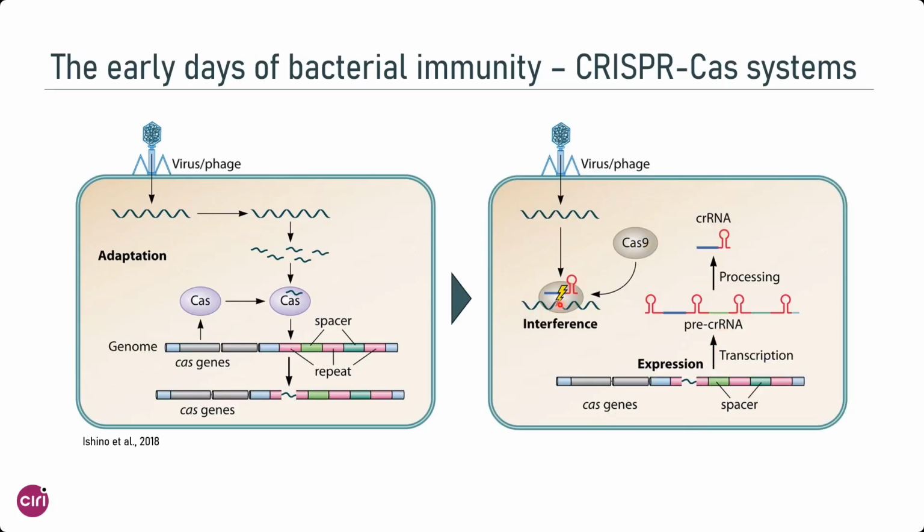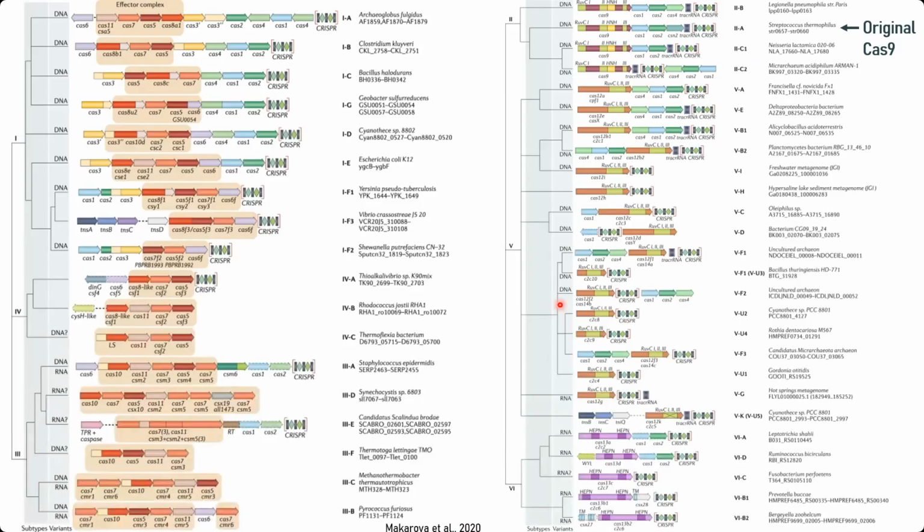And so you all know about the Cas9 nuclease, but actually it's only a small part of the huge diversity of CRISPR systems. Many types and subtypes of CRISPR systems exist. Typically there are two classes. In class 1 you have multiple protein components that together form an interference complex, whereas in class 2 CRISPR-Cas systems you have a single enzyme.